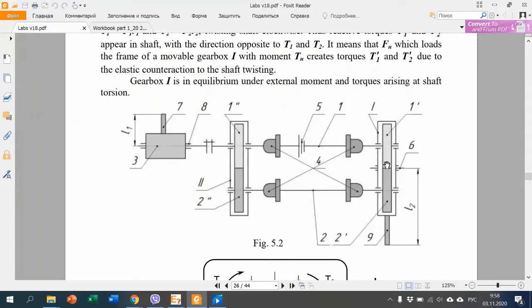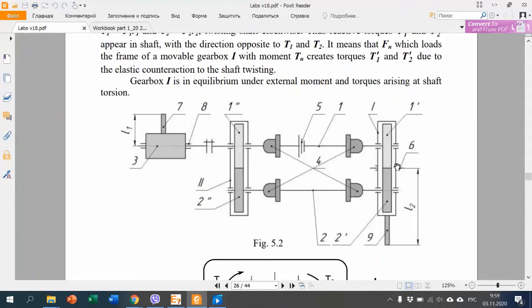This force creates loads on bearings. Bearings act on the frame, and the frame transfers this force which appeared in the tooth contact, and this force acts on the frame, and the frame acts on the base plate.